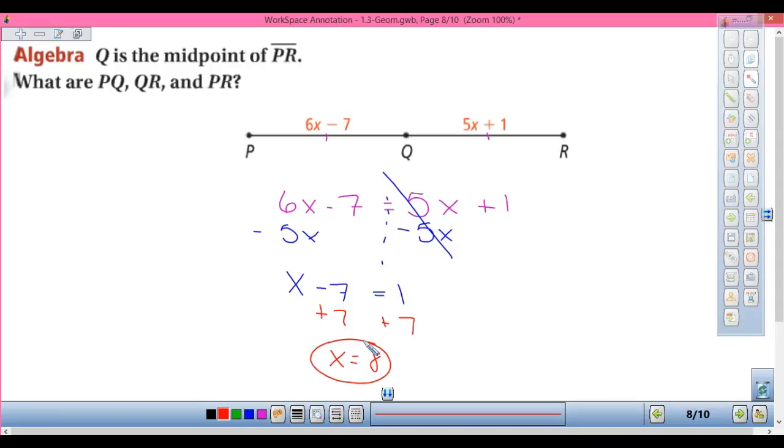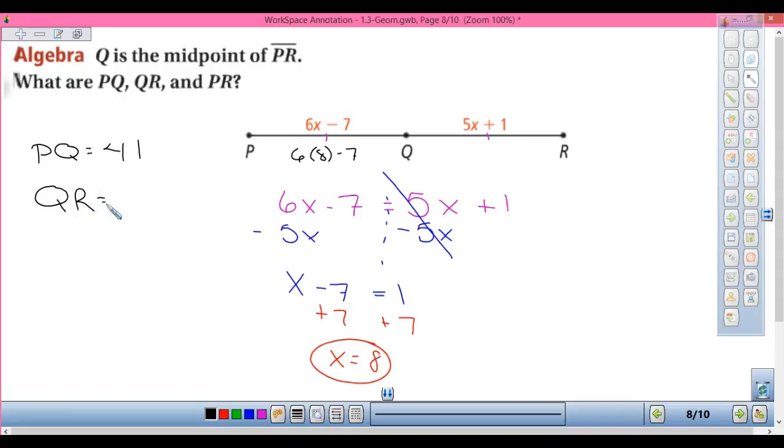Is that what they wanted us to find in this problem? No. They want us to plug it in. Find our PQ, our QR, and our PR. So PQ is going to equal, I got to plug in 8. 6 times 8 minus 7? 41. Okay, here's a little trick.